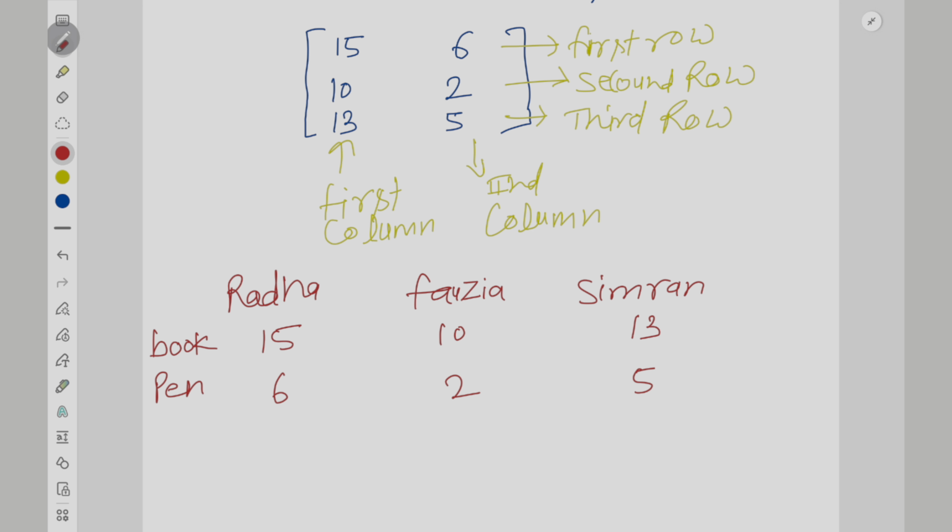We can represent this in matrix form: 15, 10, 13, 6, 2, and 5.